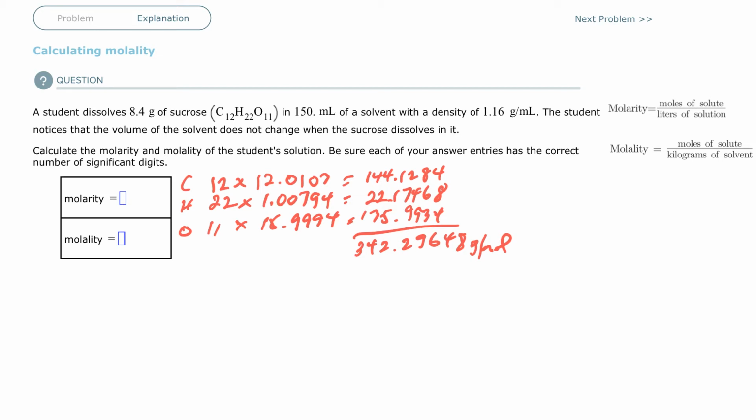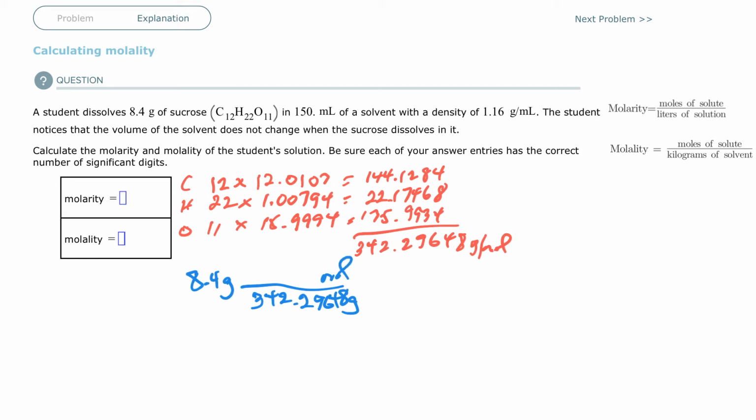Okay, how many grams are in 1 mole of it? So I've got 8.4 grams, and it weighs 342.29648 grams per mole.